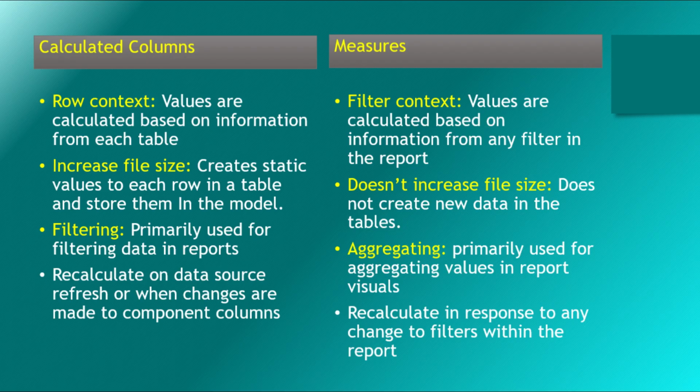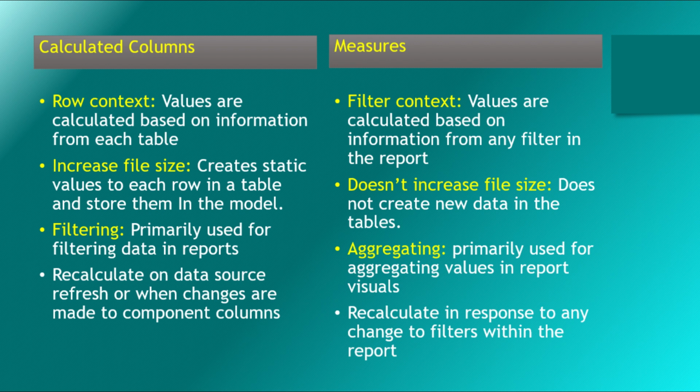Let us quickly see the difference between calculated columns and measures. We have already seen that calculated columns use row context, that is, values are calculated based on the information from each row of the table, whereas measures use filter context, that is, values are calculated based on the information from any filter in the report. Calculated columns will increase the file size as they are stored in the table, and measures do not increase the file size as they do not create any new data in the tables.